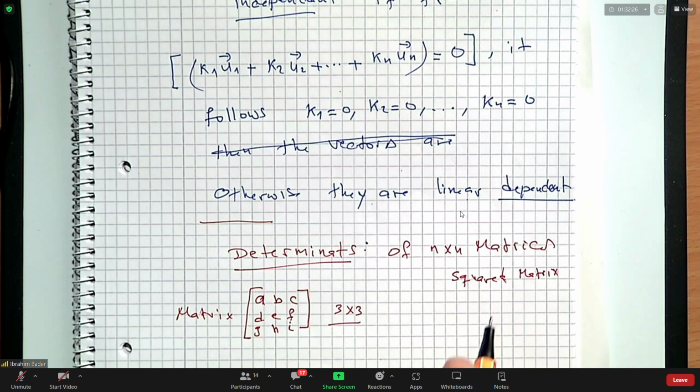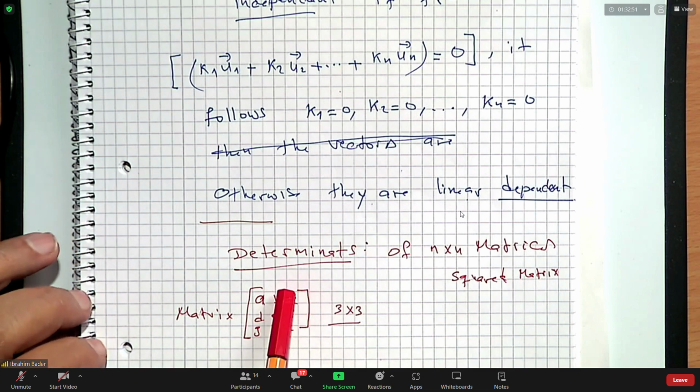And related to square matrices, there was a German mathematician, his name is Leibniz. He introduced a way to calculate a number that determines a real number for each such square matrix. And this is what is called the determinant of a matrix.